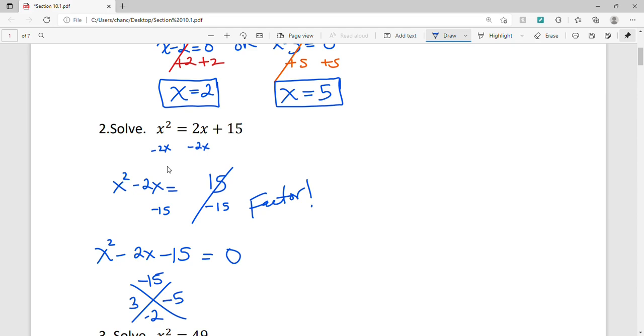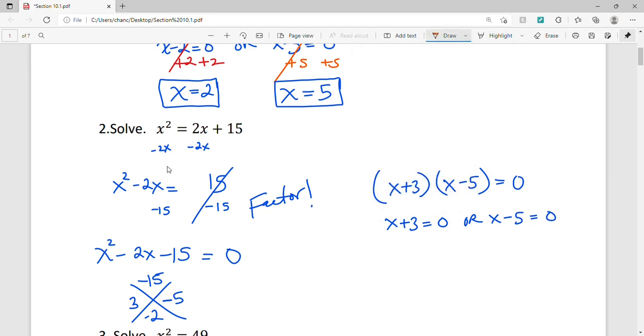This factors as x plus 3 times the quantity x minus 5 is equal to 0. Since x plus 3 and x minus 5 multiply to give us 0, that means either x plus 3 is 0, or it could be x minus 5 is equal to 0.